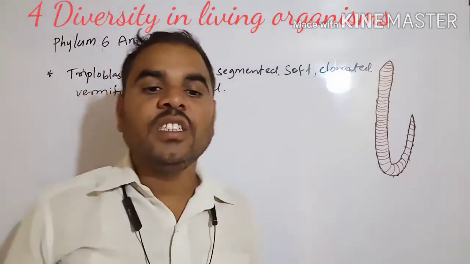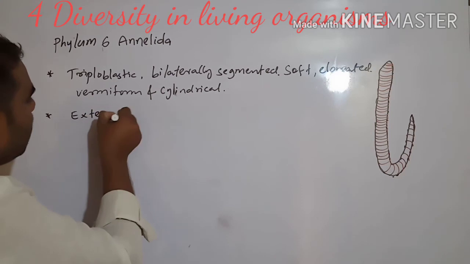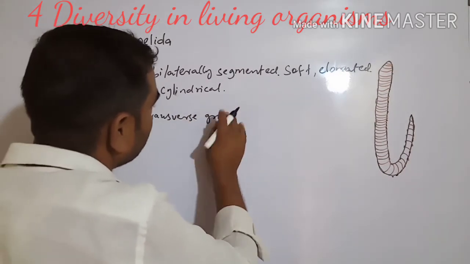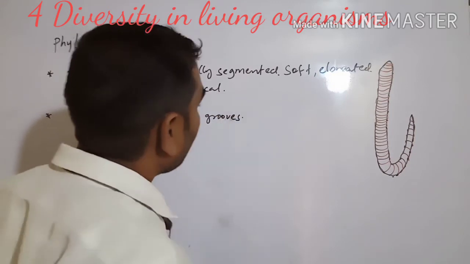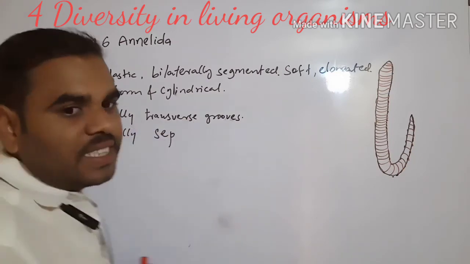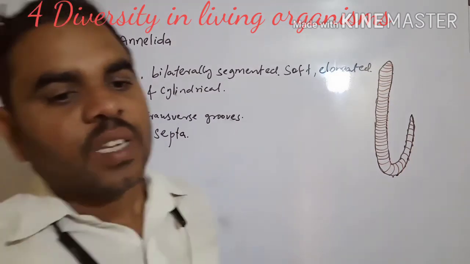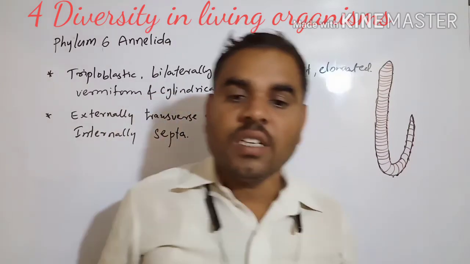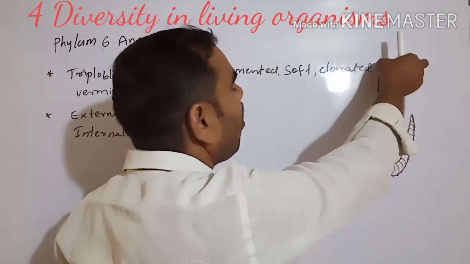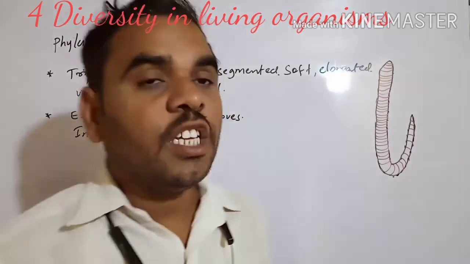Some anterior segments fuse to form the head. We see the head and tail forming. Next, the exoskeleton is absent and the body is covered with a thin cuticle.